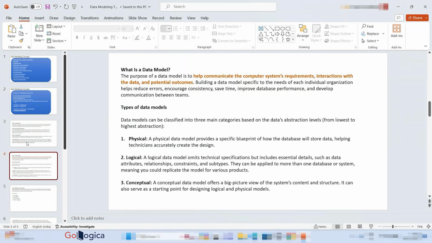Second part, how the modules are related to each other. We need to find the relationship between the modules and the entities so that we can create a model. And the third part is that the data model should be flexible so that it can be expanded at any time.